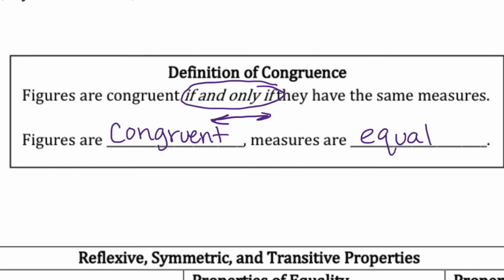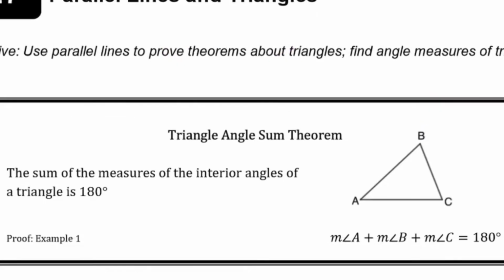So measures are equal, so we want to use the equality properties, so we need to change it to equals. Then we can subtract things off and we can set all of our triangles equal to 180 degrees. Now remember, in all triangles the angles add up to 180 degrees.